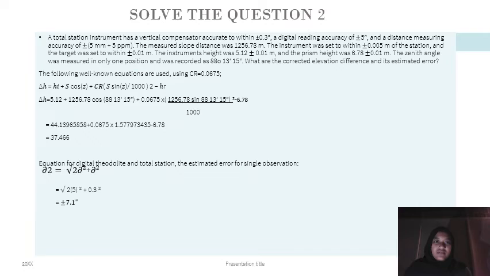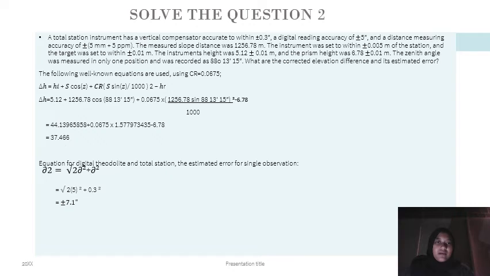The following well-known equations are used, with CR equal to 0.0675. Increment H equals HI plus S cos z plus CR and sin z squared per 1000, minus HR.